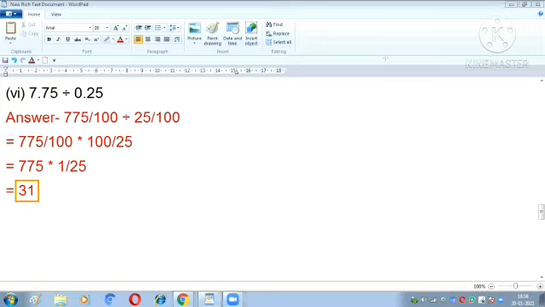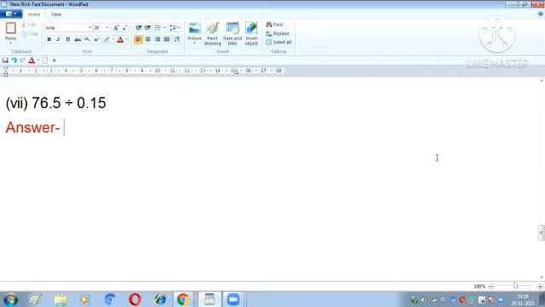Right. So friends, let's move to seventh bit. Seventh bit is 76.5 divided by 0.15. So first we'll write 765 upon 10 divided by 15 upon, here there are two digits after the decimal point, so this will be 100.